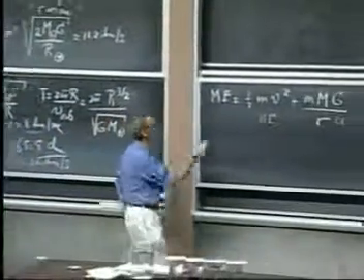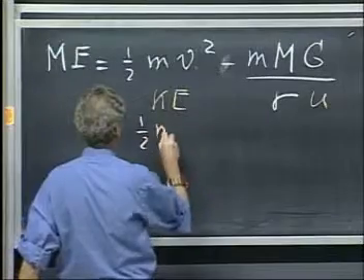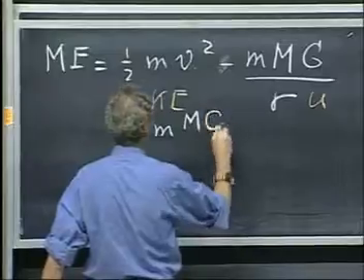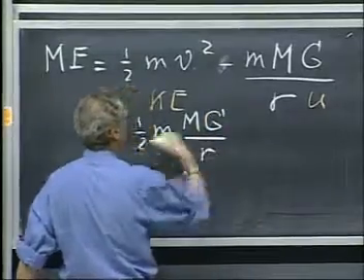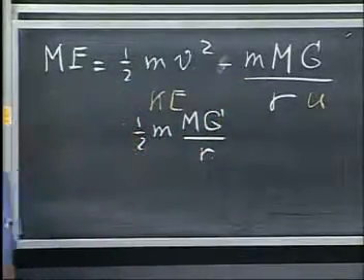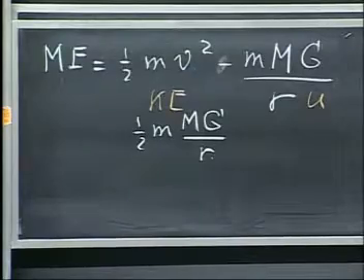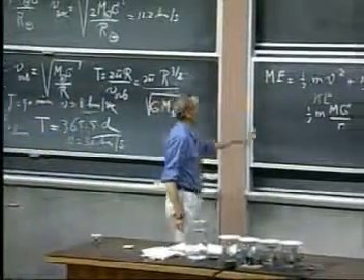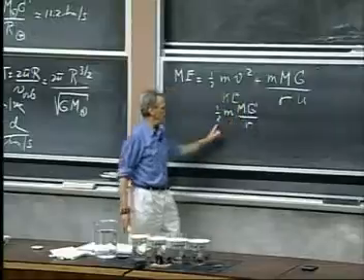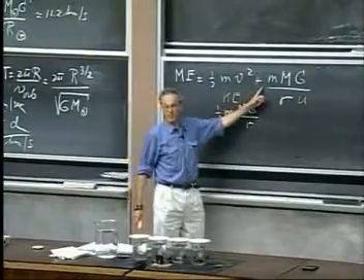And so this one equals 1/2 mMG over r. And now compare the two. They almost look like carbon copies of each other, except that there is a minus sign here, which is crucial, and there is a half here, which is missing here.